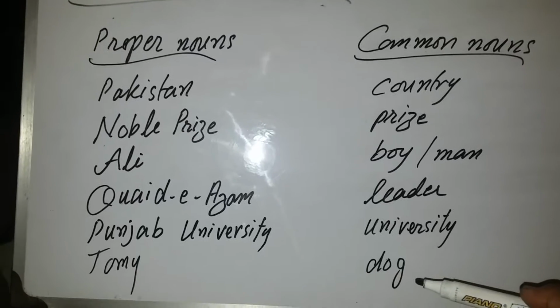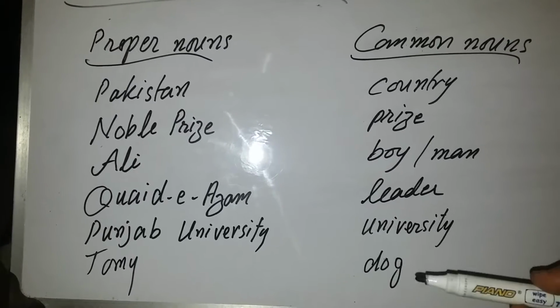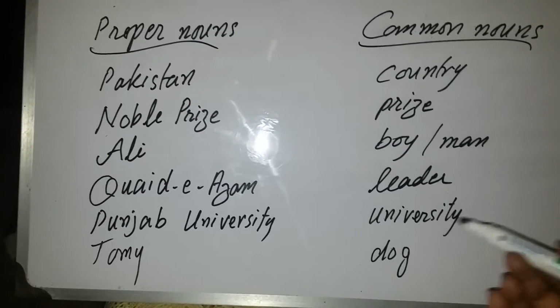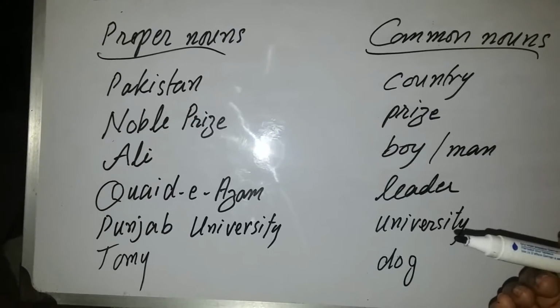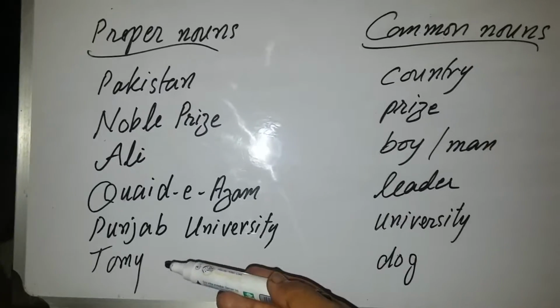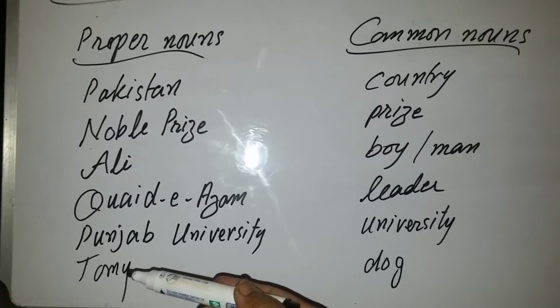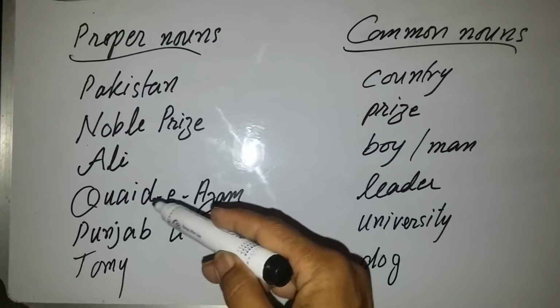Similarly, dog is a common noun. We can call any species which belongs to this category a dog. But when we give this animal a specific name, that will be called a proper noun. For example, Tommy is the name of a dog, so it will be called a proper noun, and the first letter of this noun will be written capital.